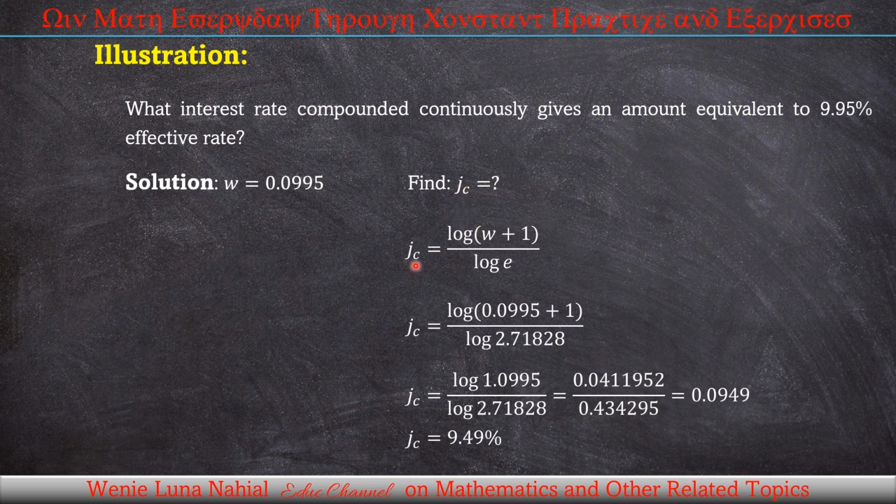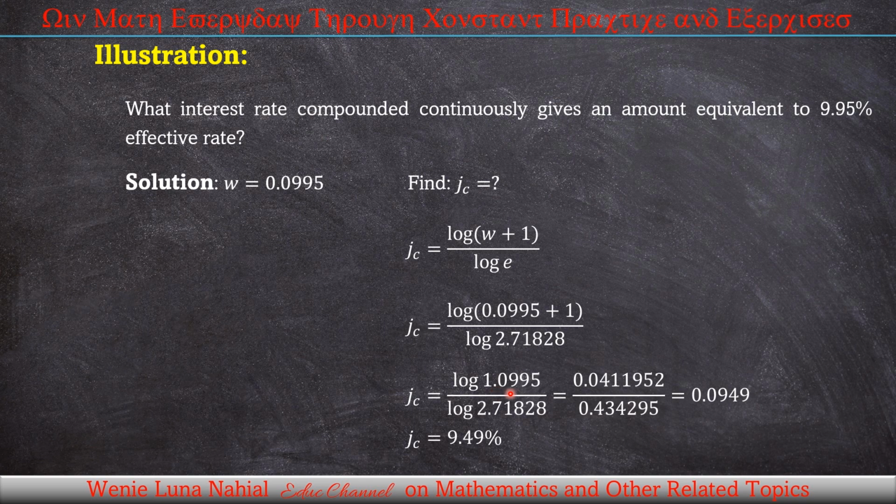So j sub c equals the logarithm of w plus 1 all over the logarithm of e. So we replace w by 0.0995, because that is the equivalent of 9.95%, plus 1 here. Then the logarithm of 2.71828.